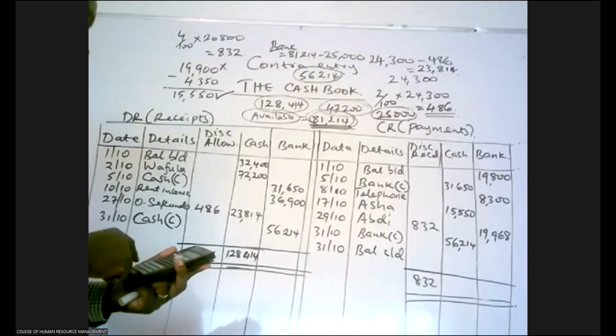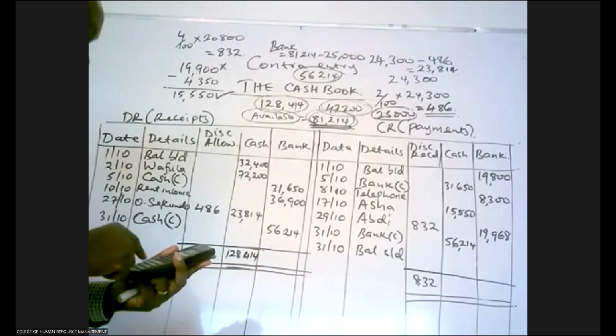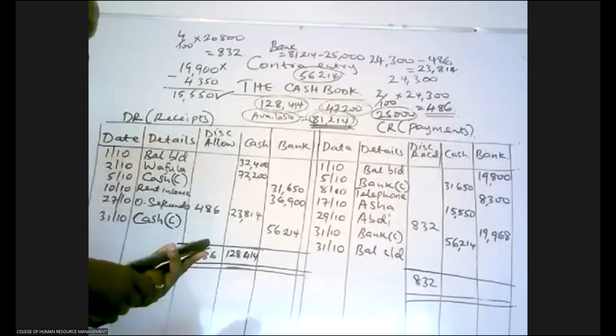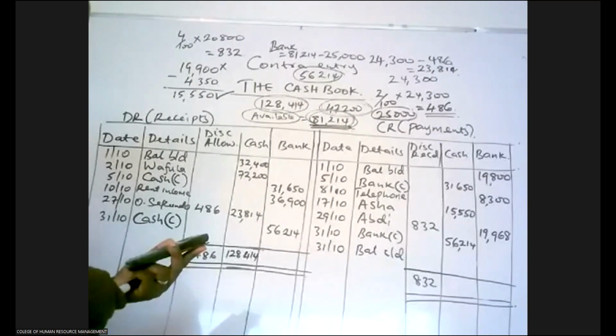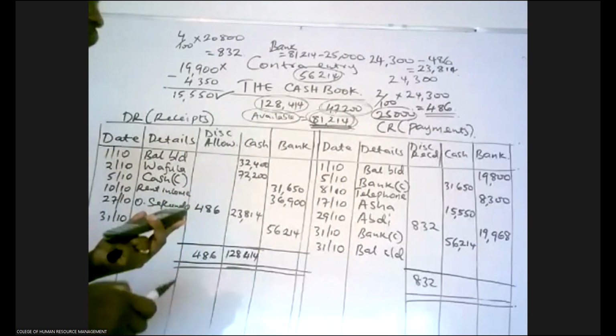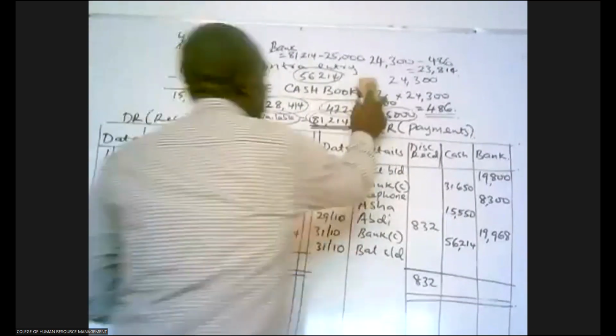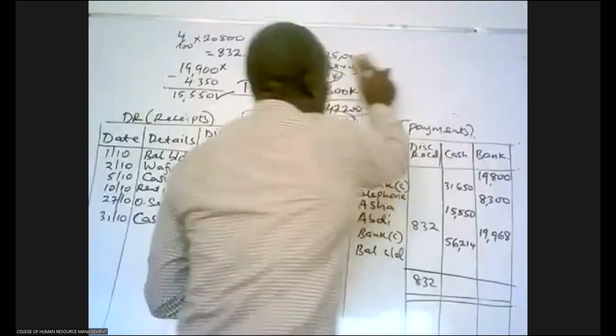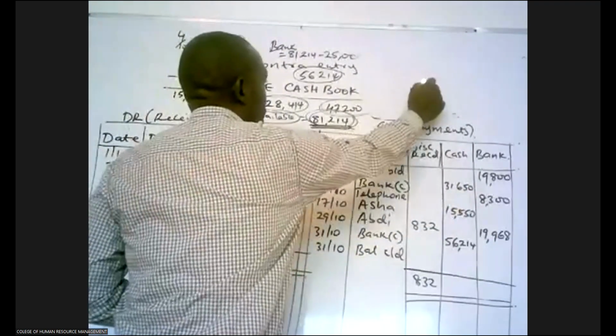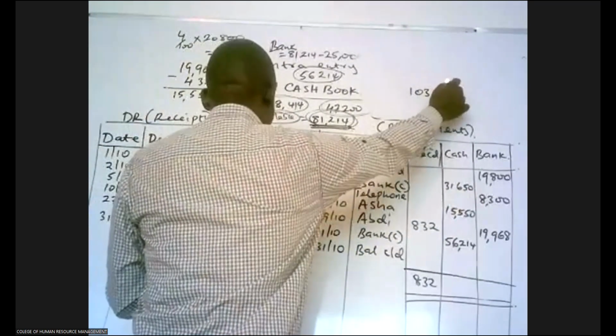So that 1,650 plus 15,550 plus 56,214 gives you 103,414. The total cash payments here, 103,414.